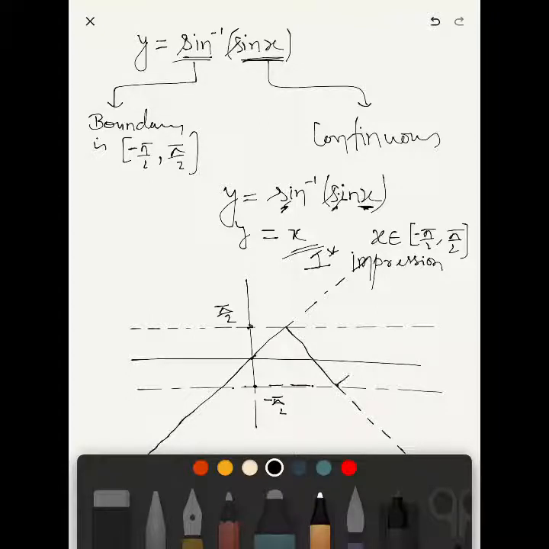It will again go to infinity, so bring it under the boundary again, and this process goes on till infinity in the same fashion.